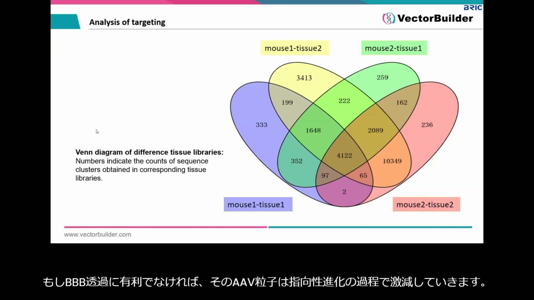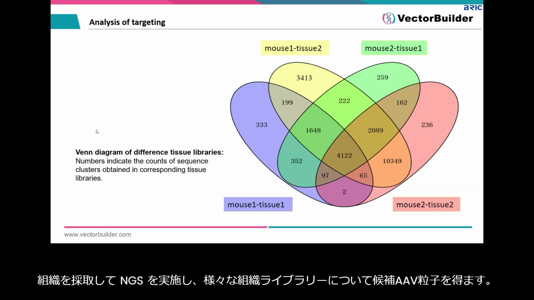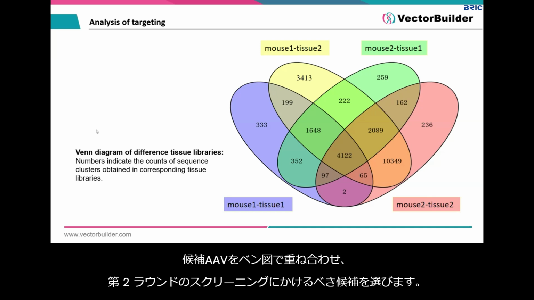If they do not penetrate the BBB, they will be depleted during the evolution. After harvesting the tissues and NGS, we have the candidates in different tissue libraries, and then we do a Venn diagram to overlap some of the candidates, and we can select candidates that are suitable to go for the second round of screening.